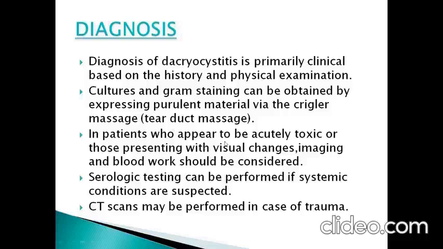In patients who appear to be acutely toxic or those presenting with visual changes, imaging and blood work could also be considered. Serologic testing can be performed if systemic conditions are suspected, and a CT scan may be performed in case of any trauma.